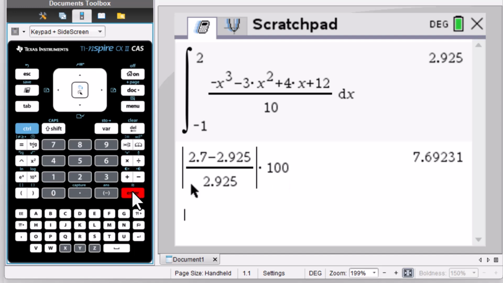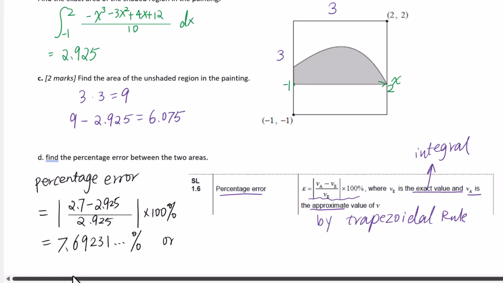Enter. 7.69231%. Or you can write down 3 significant figures, 7.69%.